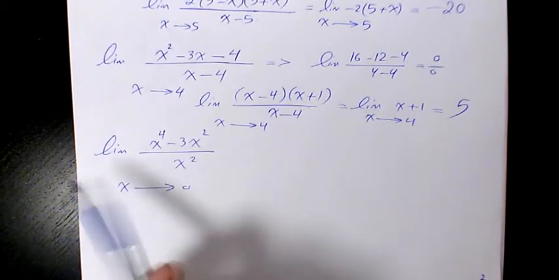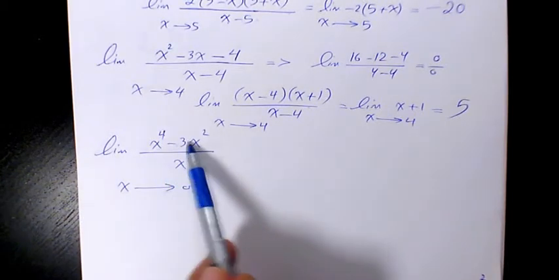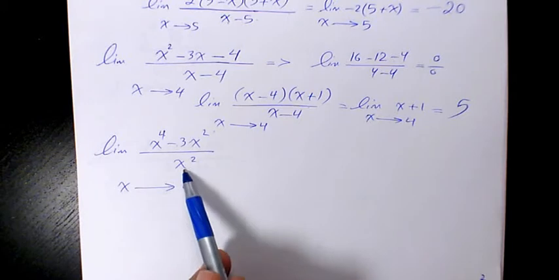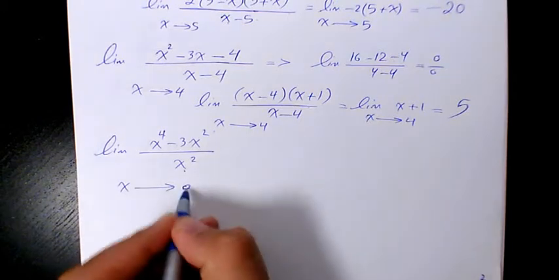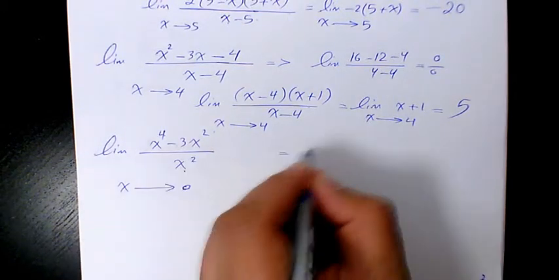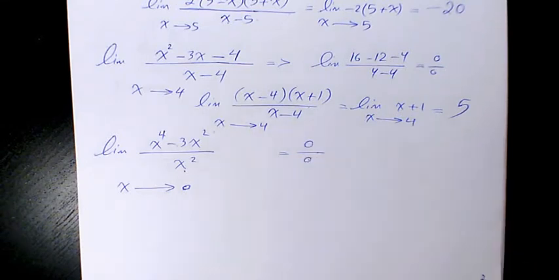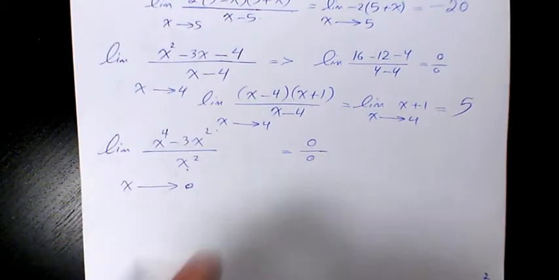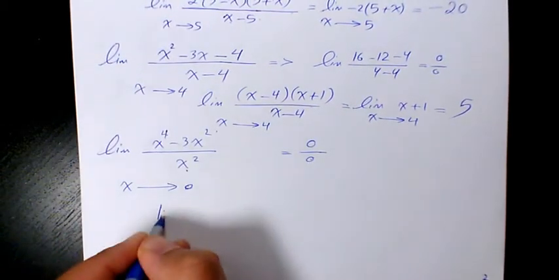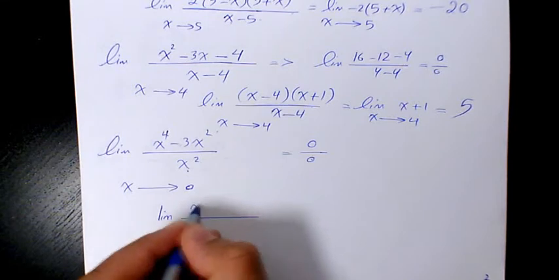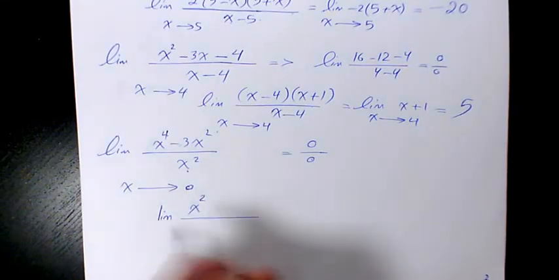Now this one is x to the power of 4 minus 3x squared over x squared when x approaches 0. Again, when you substitute there, we're going to deal with 0 over 0. So we need to use a technique in order to get rid of these zeros. I'm going to factor the numerator and denominator. Basically, factor the numerator: we will take out x squared.